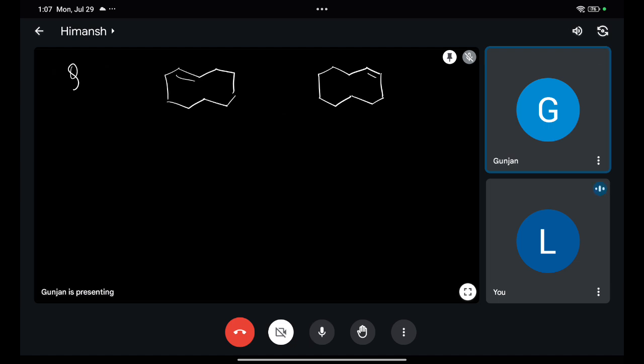Okay. This one is trans and this one is cis. Yes ma'am. And out of trans and cis, which one is not stable? Sorry, trans will.